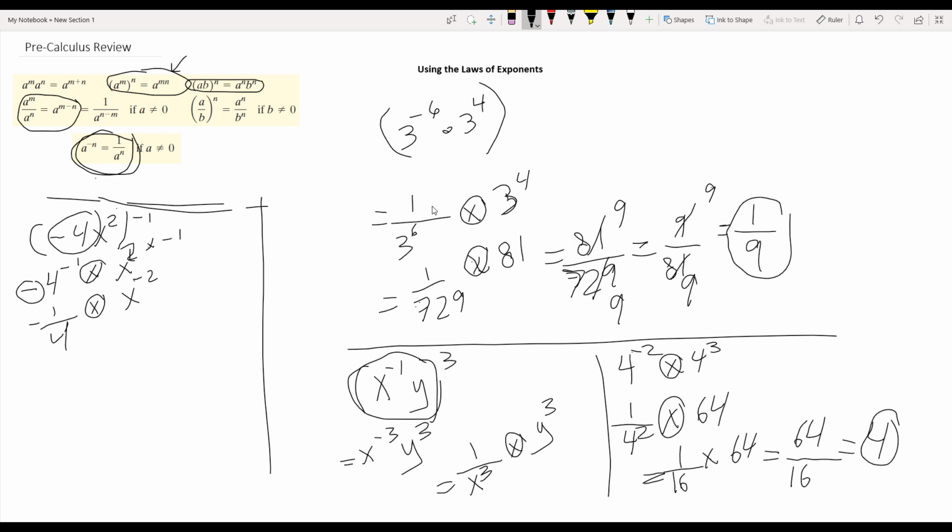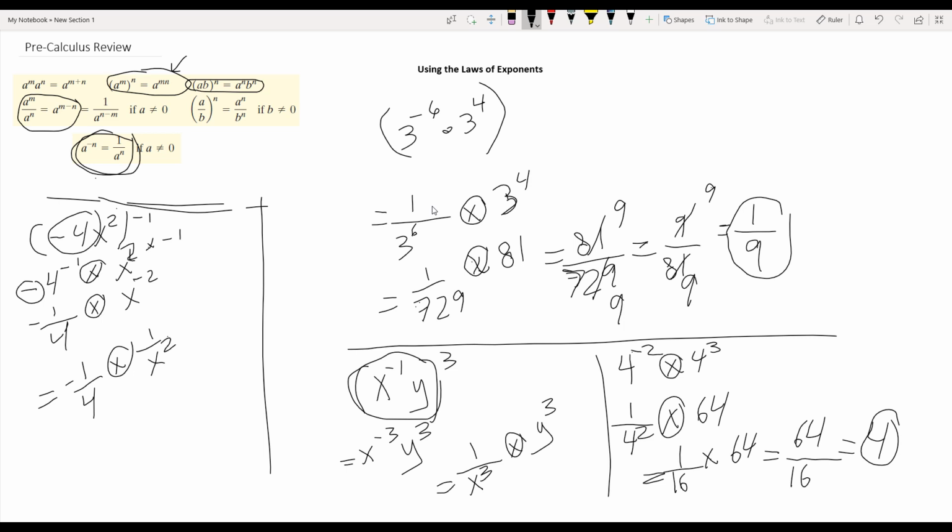So what is the result? Well, negative 1 over 4 times x to the negative 2, remember the formula, same process, that will be equal to 1 over x squared.